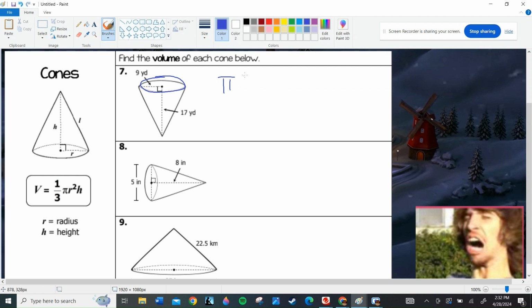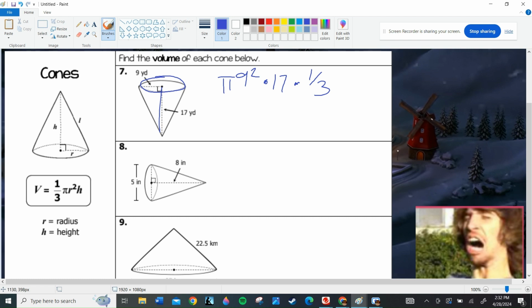So then it's pi times 9 squared. That creates a circle. Multiplied by how tall is this pyramid? 17. And then lastly, cut it into a pyramid. Chisel it out. Like the Egyptians back in the day, right? Boom, they cut it into a pyramid. We cut it into a pyramid by multiplying by 1/3.